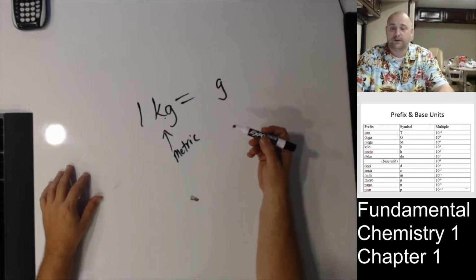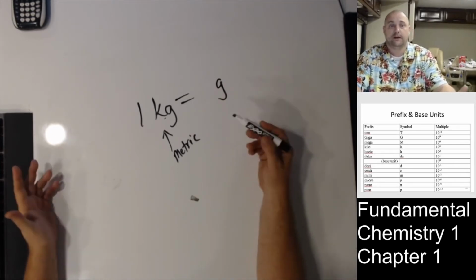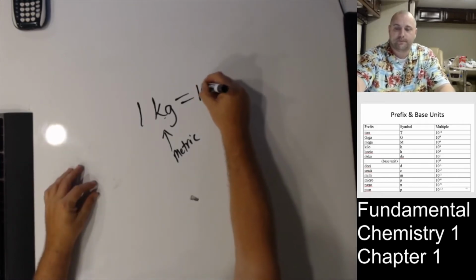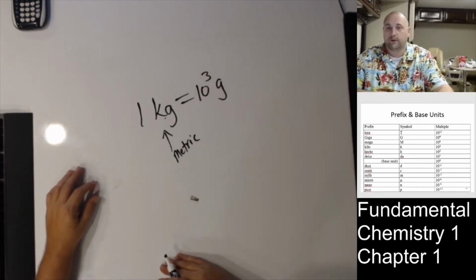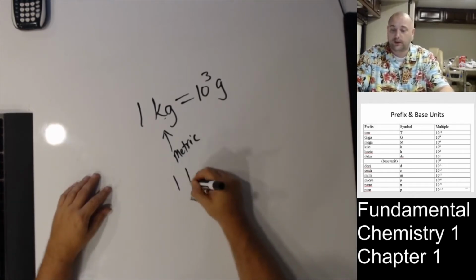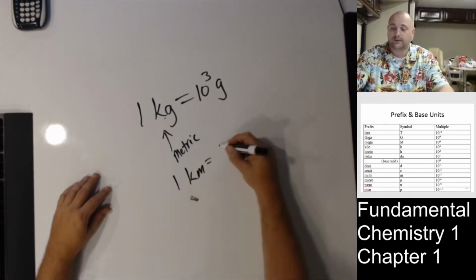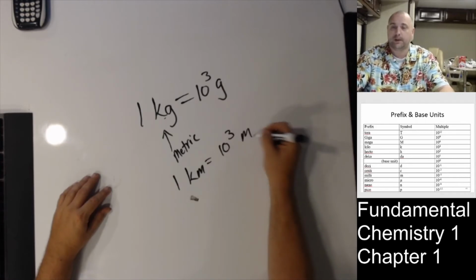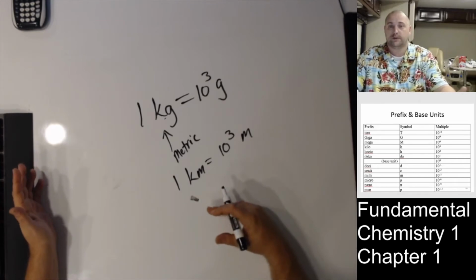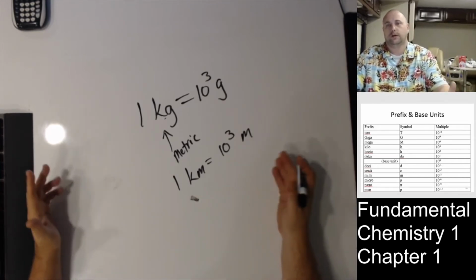And then I'm going to read off the table and I'll find the K. And the K for kilo is 10 to the third. And so 1 kilogram is 10 to the third grams, right? So if I do 1 kilometer, guess what? It's still 10 to the third meters. Wonderful. So once you learn how to do this, you can do it with any kind of system.